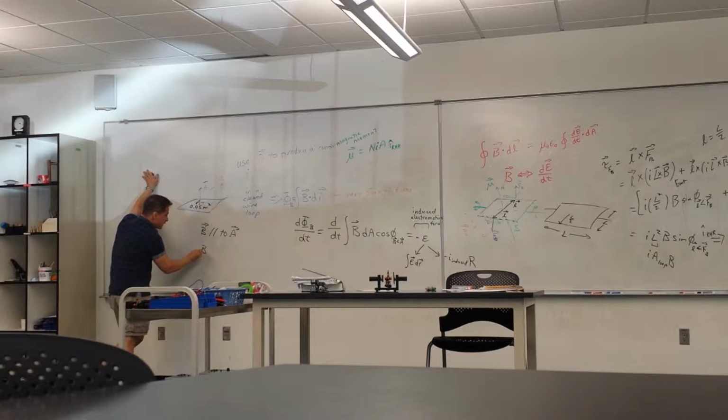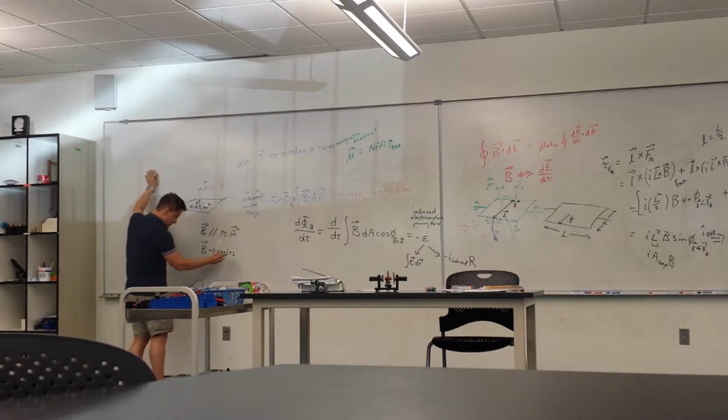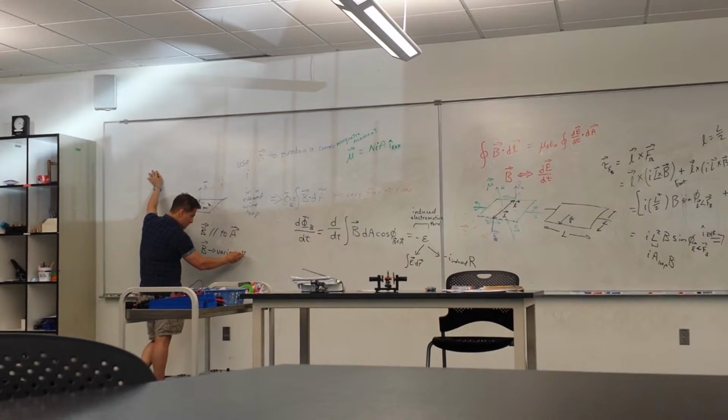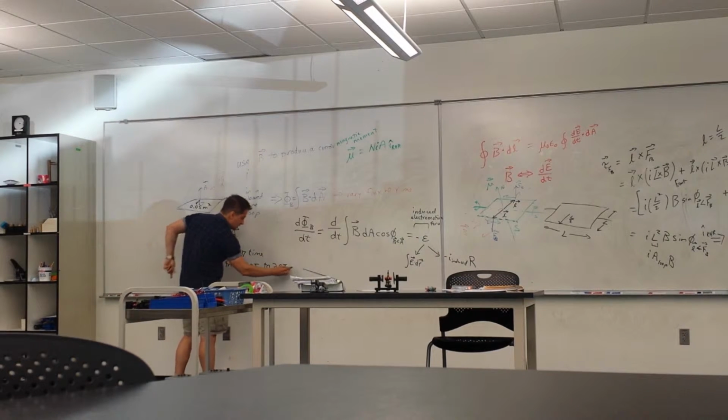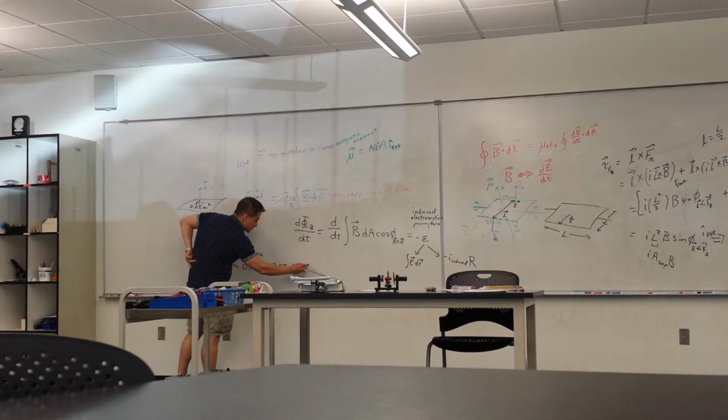And we have a magnetic field that varies with time, say from 0 Tesla to 2 Tesla over 0.5 seconds.